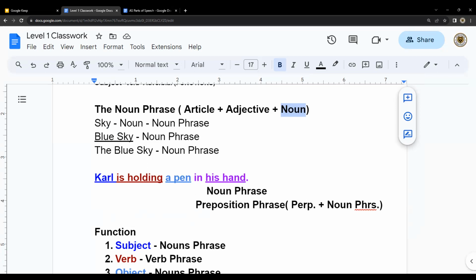So, in table 6.2, nos está explicando que dependiendo, ¿no? Este objeto, object, is going to be object of the verb. Es objeto de este verbo is holding. Y en teoría, técnicamente, this noun phrase, his hand, es objeto de la preposición in.